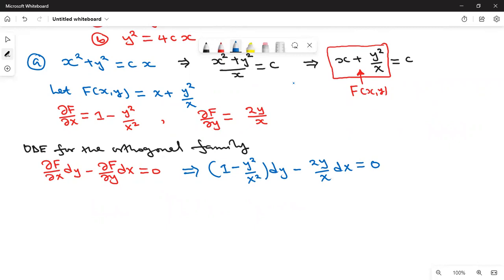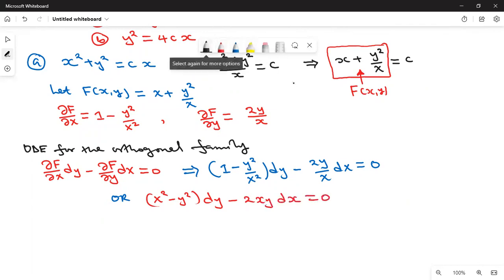You need to classify the equation. Of course, if I multiply by x squared, I'll get x squared minus y squared dy minus 2xy dx is equal to 0.